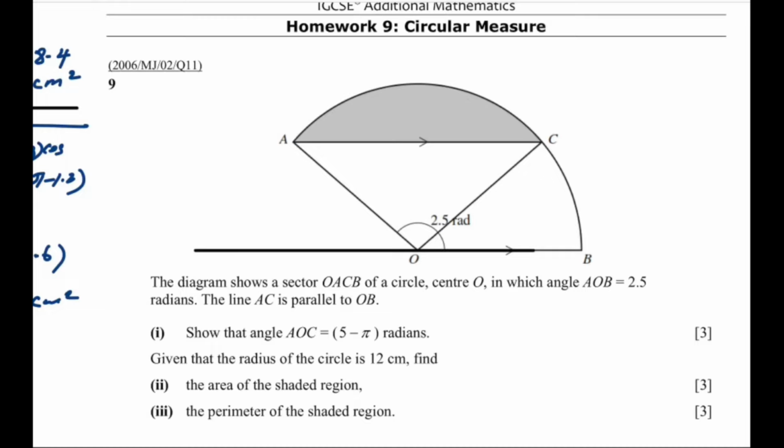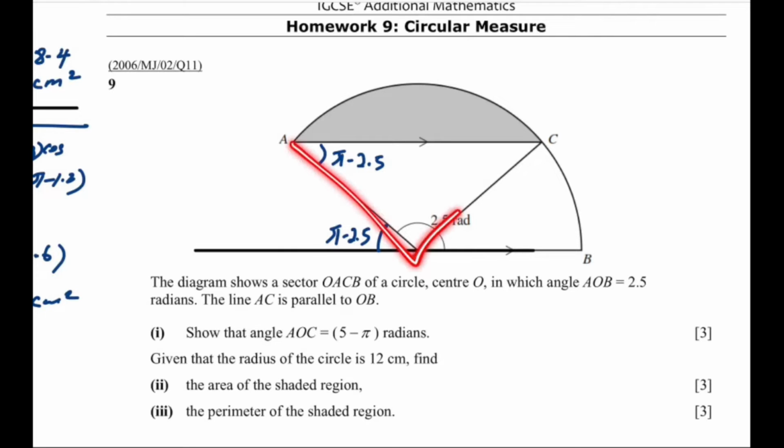Okay, so this is 180 degrees. That will be the same as pi radian. This is 2.5. Hence, this will be pi minus 2.5 radian, because of alternate angle.